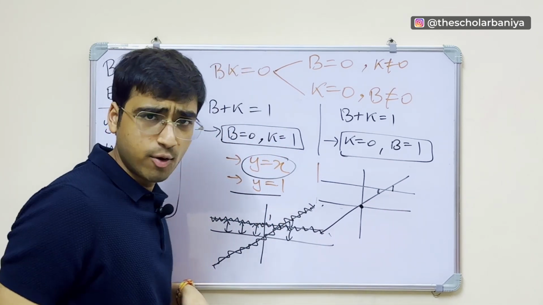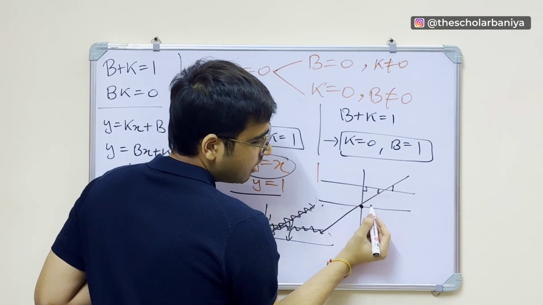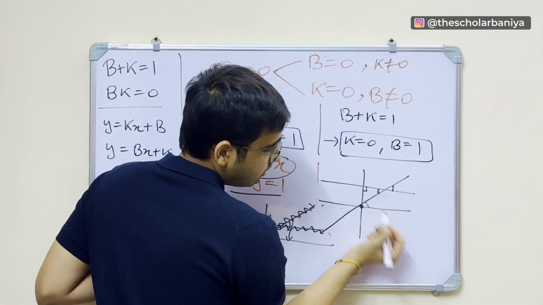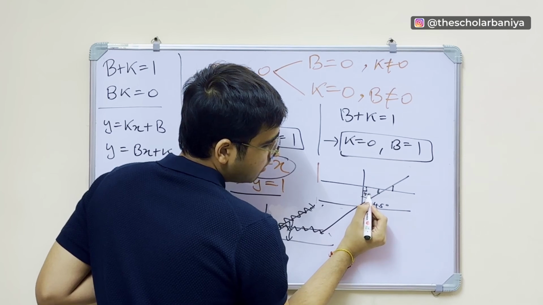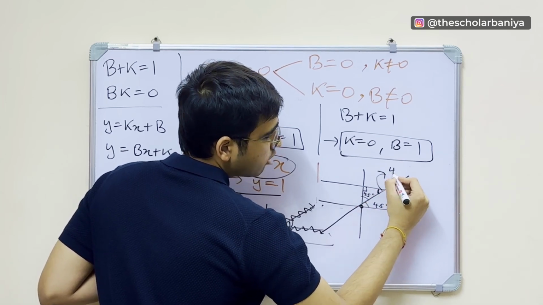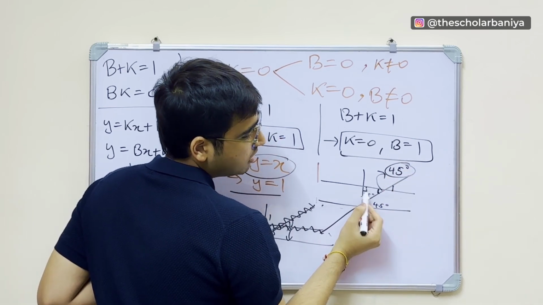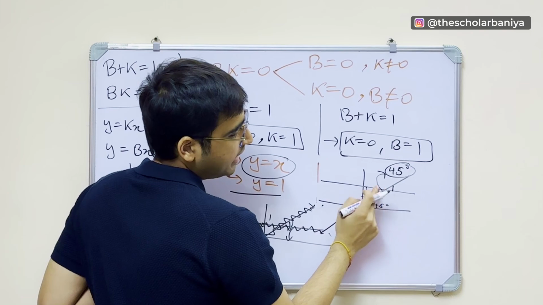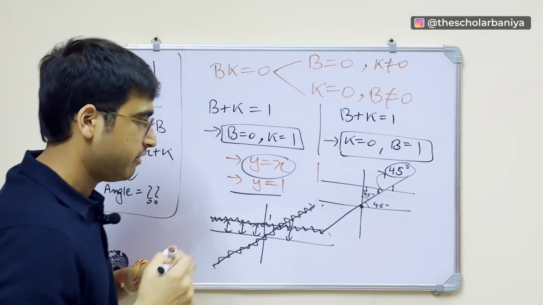I hope this should be clear. So tell me one thing, this angle is 90. This angle is 45. So this angle will also be 45. So this angle is also 45 degrees. 45 plus 90, that is what? 135. 180 minus 135 is 45. So the answer becomes 45.